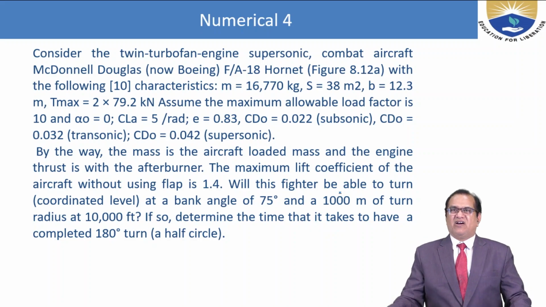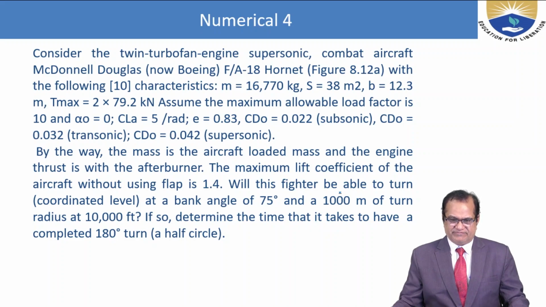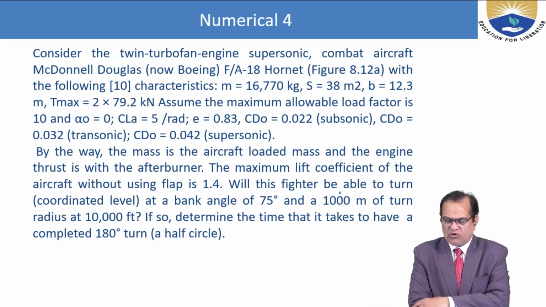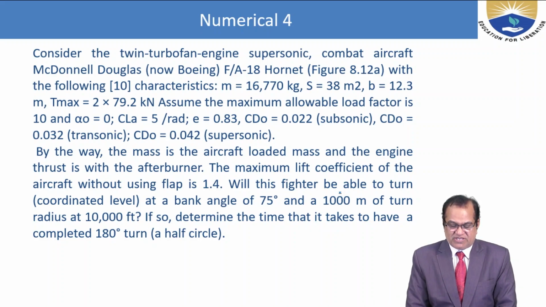By the way, the mass is the aircraft loaded mass and the engine thrust is with the afterburner. The maximum lift coefficient of the aircraft without using flap is 1.4.